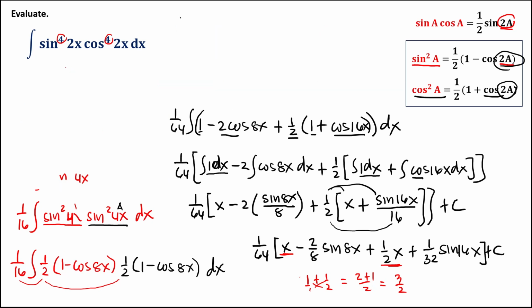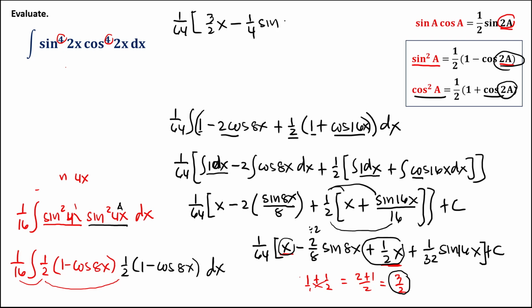So therefore, this becomes 1 over 64 times, again combining these two terms, 3 over 2 x, then minus. 2 over 8 is 1 over 4, since this one is divisible by 2.